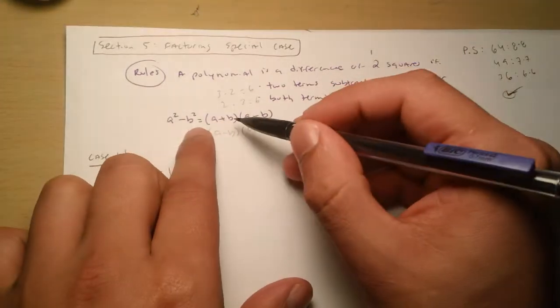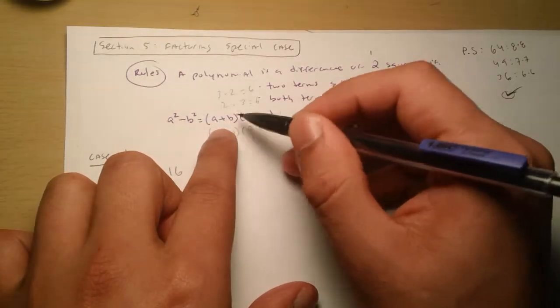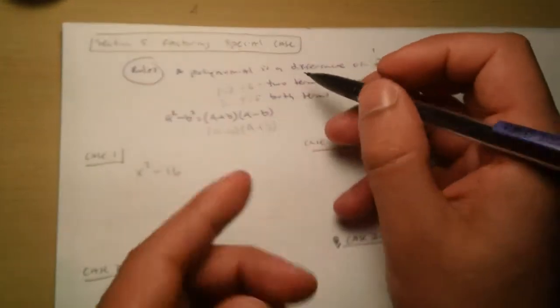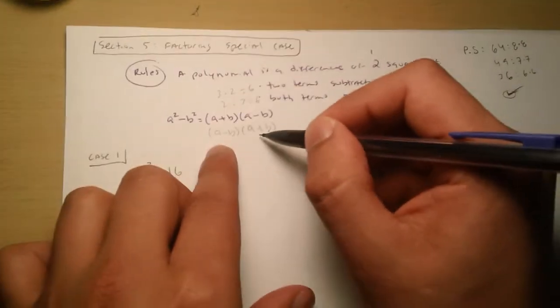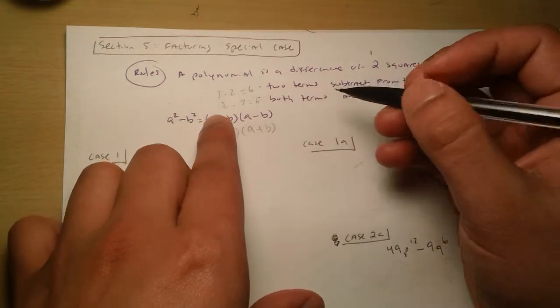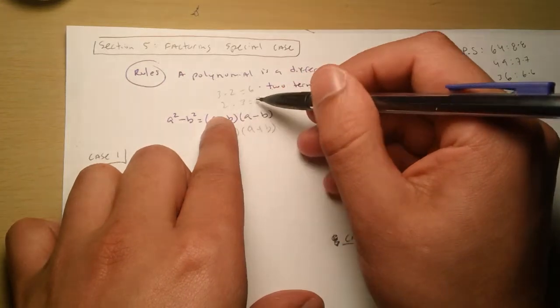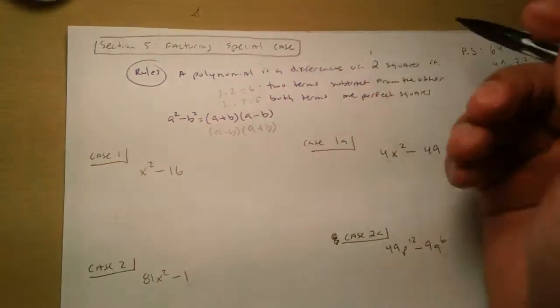The order in which the plus and minus go doesn't necessarily matter. We can write them as a minus b times a plus b, like we have here. It's pretty much the same as saying 3 times 2 gives you 6, or 2 times 3 equals 6. It's the same thing.